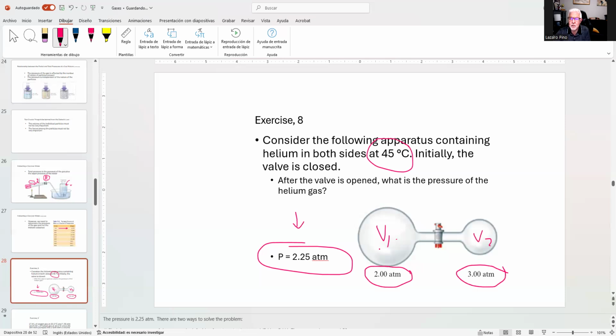Of course, remember that the particles here are closer than here, then they exert a higher pressure because the volume is smaller. Remember that pressure and volume are inversely proportional. If the volume decreases, the pressure increases. That's why here the volume is higher than here.